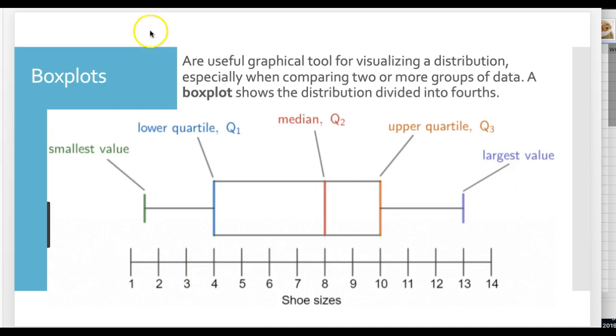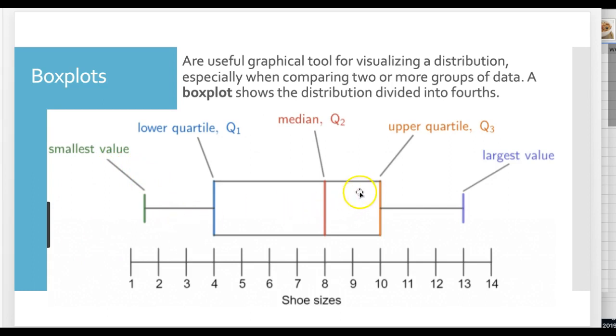Typically there are also vertical box plots, which you'll see in StatCrunch. But they usually always follow a number line. Either the number line is here, so this is shoe size from 1 to 14, or it could be vertical as well, which we'll see in StatCrunch. How we make this box plot is really quite simple.